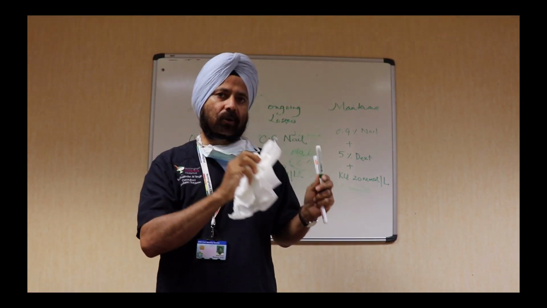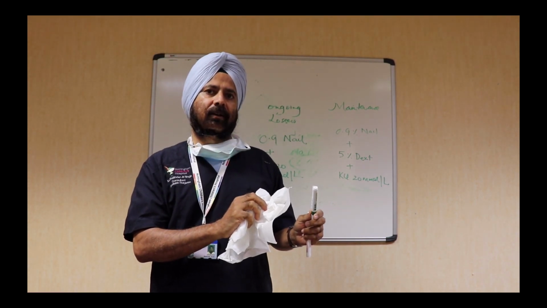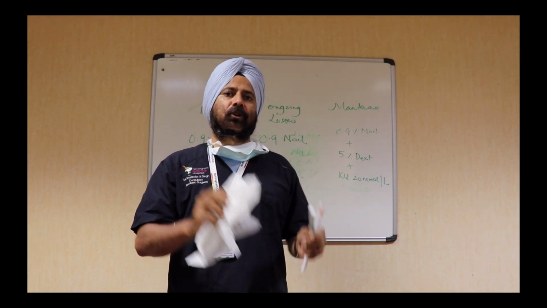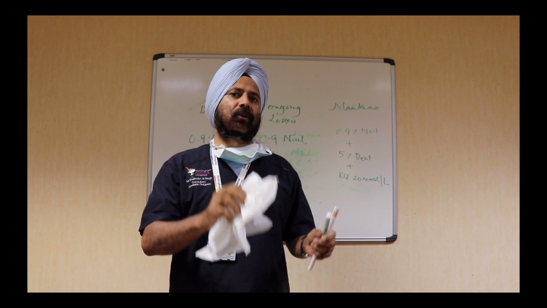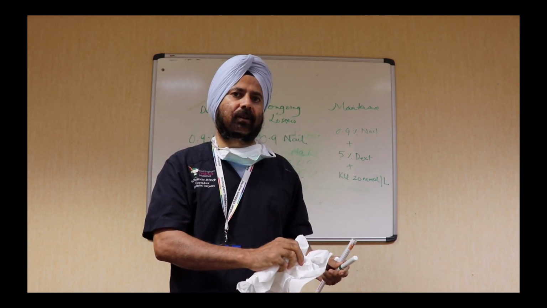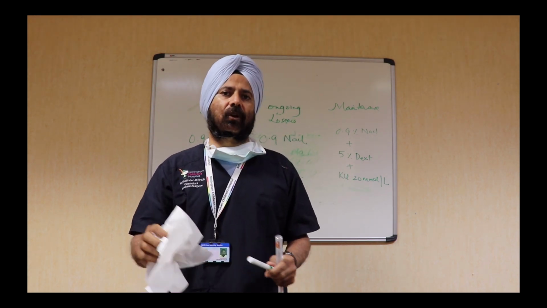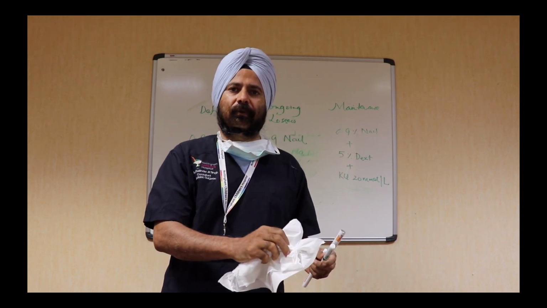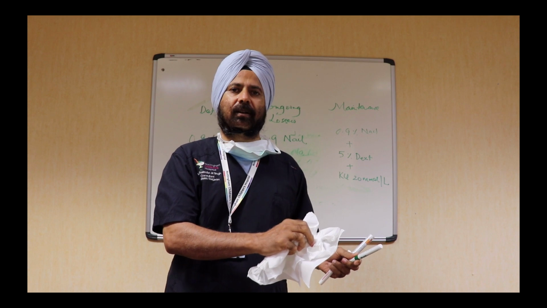So you know how to calculate fluid into each category. You know about the importance of a bolus of 20 ml per kg. You know that the bolus which you have given, you take it out of the deficit, and then you add the deficit on top of the maintenance fluid, and the ongoing losses are also added on top of the maintenance, and we know how to calculate in each category.